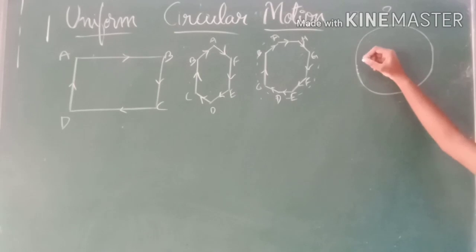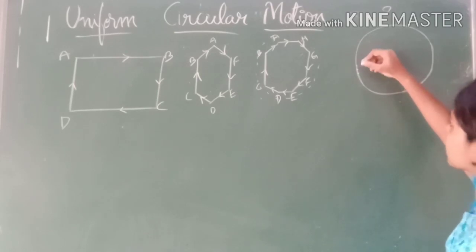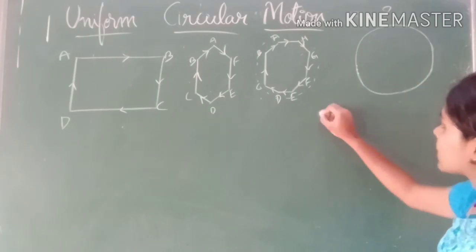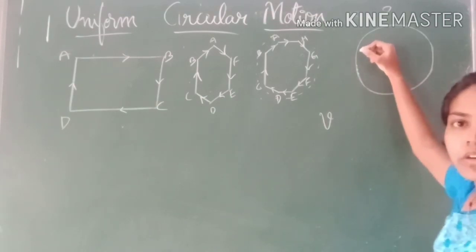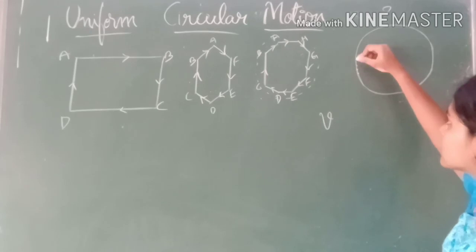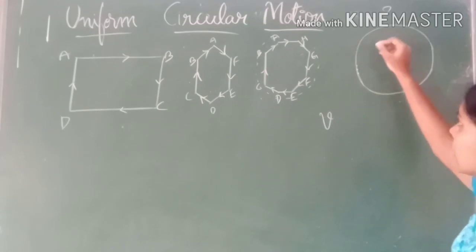If the person is traveling with a uniform velocity, then due to the change in direction, the velocity changes.